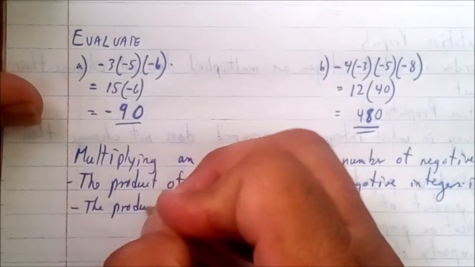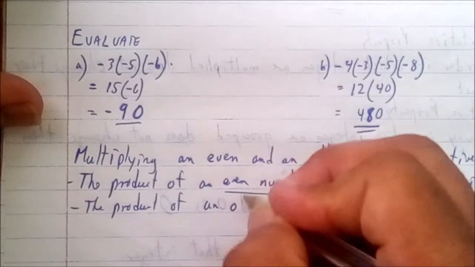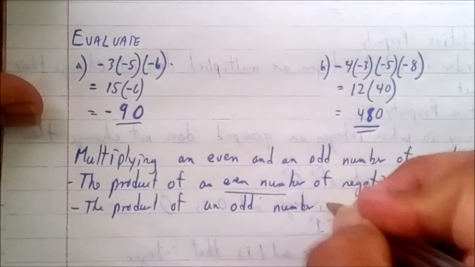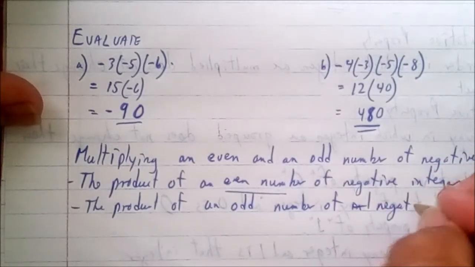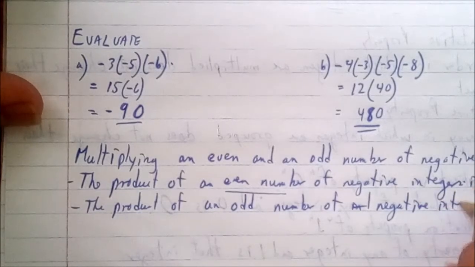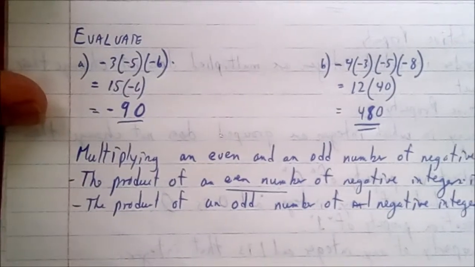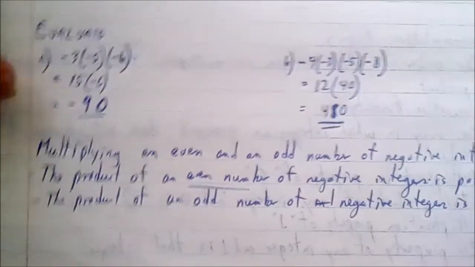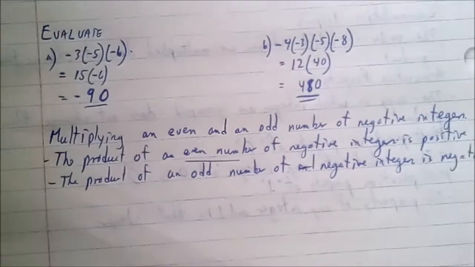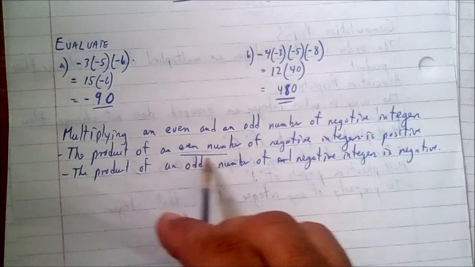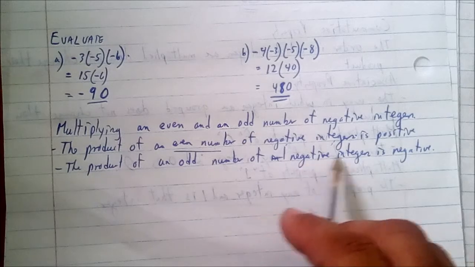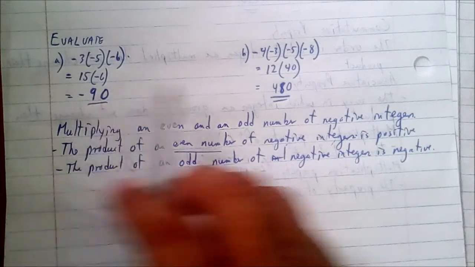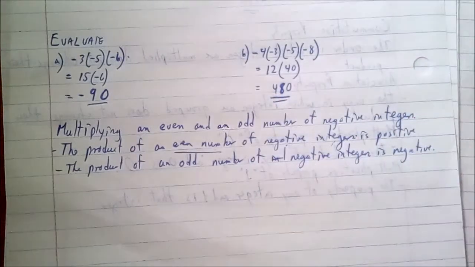The product of an odd number of negative integers is negative. That's the key thing. So remember, if you're multiplying an even number of negative integers, the product will be positive. If you're multiplying an odd number of negative integers, the product will be negative. That's what we saw here. That's what we end up with here also. So we have the same observation based on this.